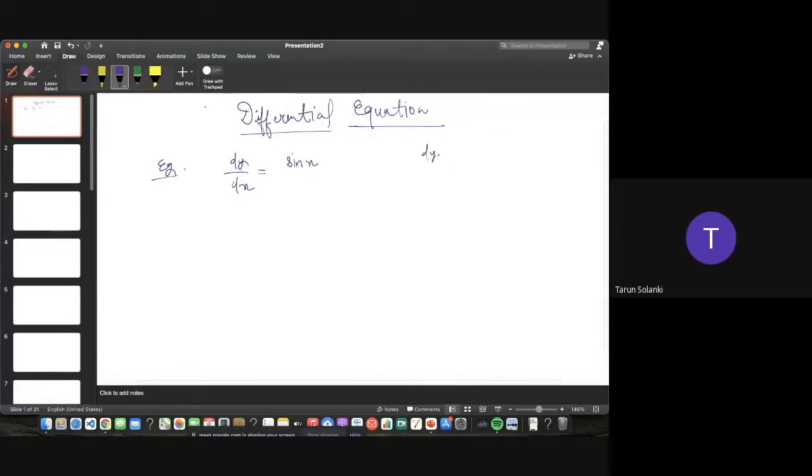Similarly, dy by dx plus xy is equal to cot x. Similarly, d square y by dx square minus 5 dy by dx plus 6y is equal to x square.